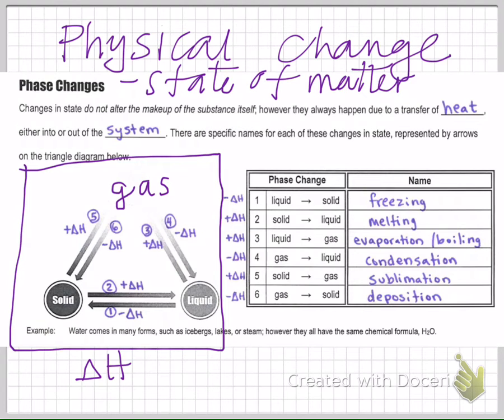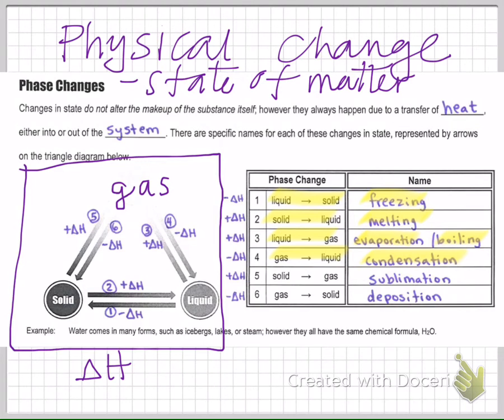Okay, so liquid to solid, that is freezing. You have liquid water, now it's an ice cube, that's freezing. Solid to liquid is melting. Liquid to gas is evaporating or boiling, it's the same thing. Gas to liquid is condensation.